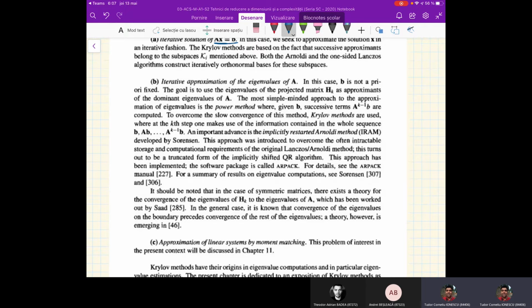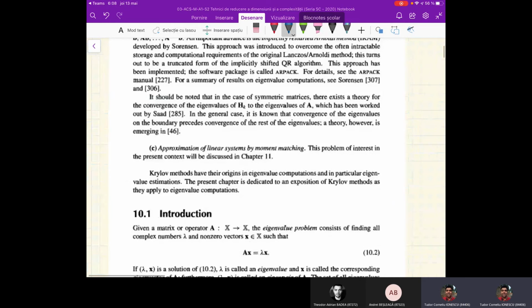Then, to compute the eigenvalues of A, it says here iterative approximation of the eigenvalues of A. Okay, so B is not fixed in this case, and it shows you here all sorts of versions of the use of the Krylov step for the eigenvalue problem.